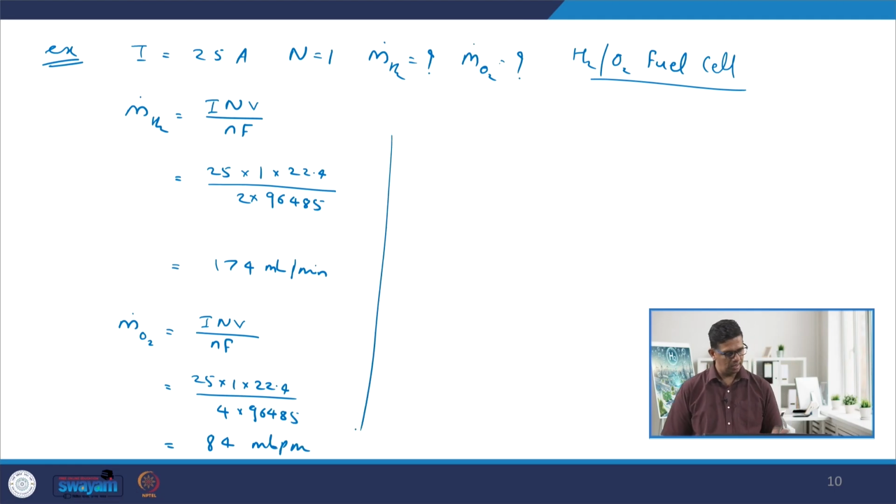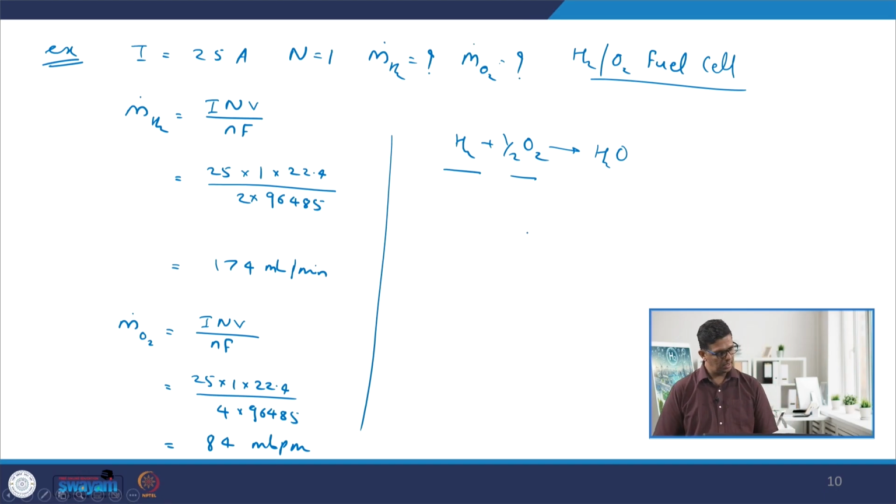Or, we can also use a small trick. Hydrogen and oxygen combine together to form the product water. So, if we are supplying 1 mole of hydrogen, half a mole of oxygen is sufficient. Whatever the flow rate, mass flow rate or volume flow rate of hydrogen, half of that is sufficient for oxygen.